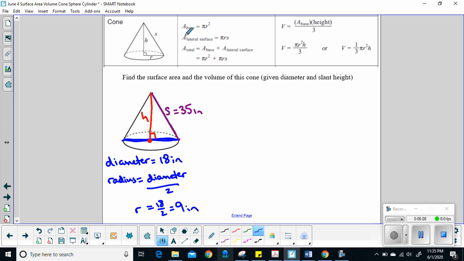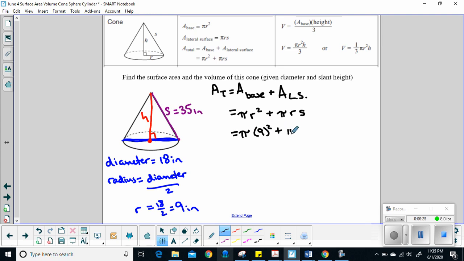Okay. So let's do this. Surface area. Area total is area of the base plus area of the lateral surface. So that gives me pi r squared plus pi rs. Do I know all these values? Yes, I do. Radius we just deduced was 9, plus pi times 9 times slant height, I'm telling you, is 35.